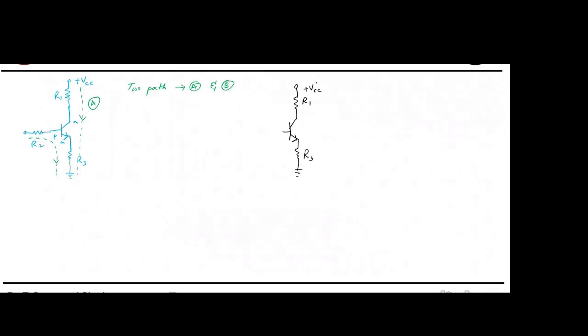Now this plus VCC will have some ground terminal. Why? Because if this is positive, then it is measured with respect to some reference. That means we can say that these two are connected.